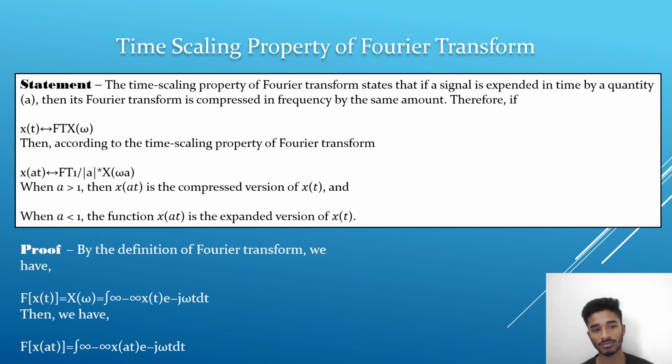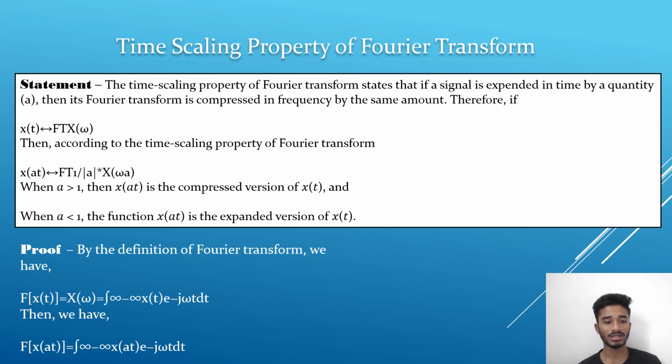So there are two conditions for this. When a is greater than 1, then x of at is a compressed version of x of t, and when a is lesser than 1, the function x of at is an expanded version of x of t. Let me prove this point. By definition of Fourier transform, the Fourier transform of x of t is X of omega, equal to integration from minus infinity to infinity of x of t into e power minus j omega t dt.